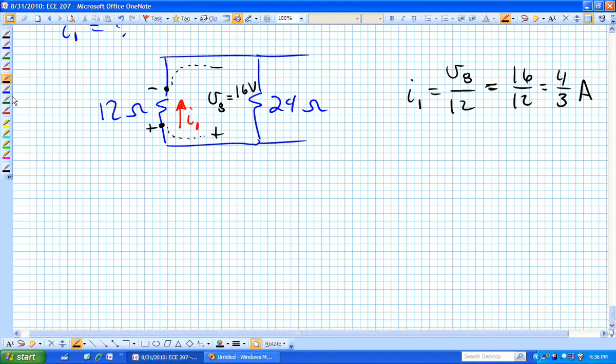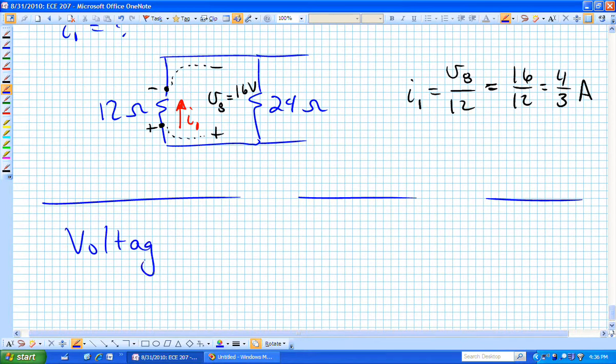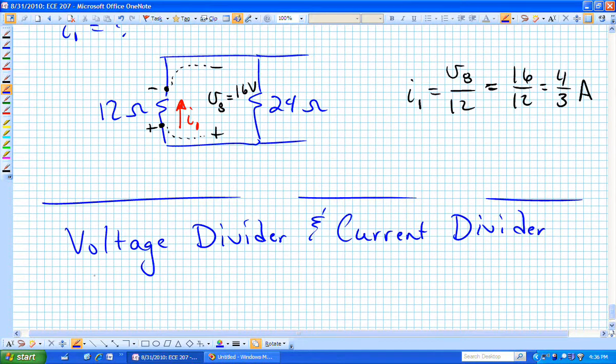Let's look at the next topic, which is really what we just talked about. Voltage divider formulas and current dividers. We just experienced current dividers.